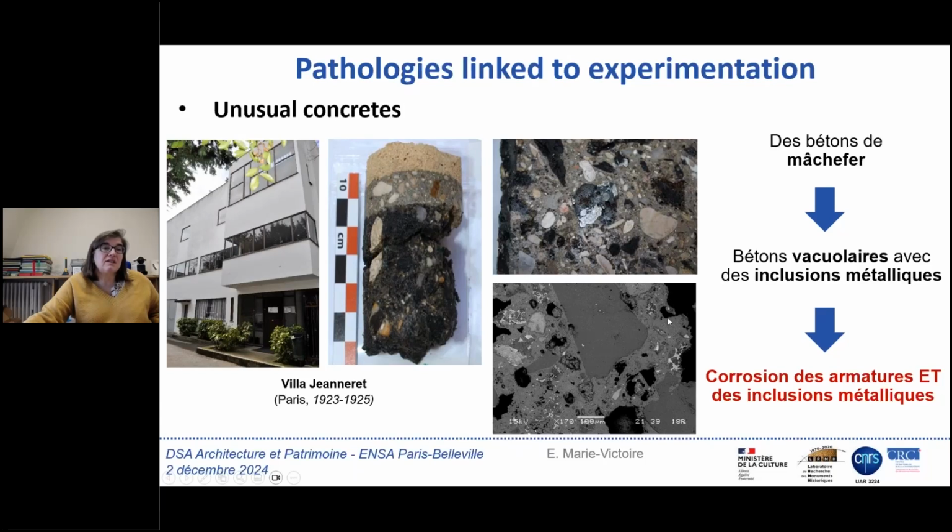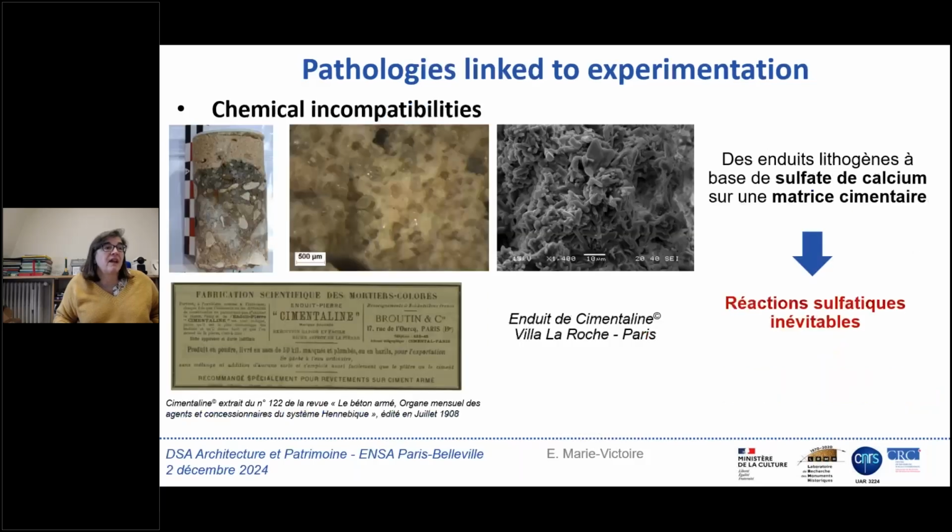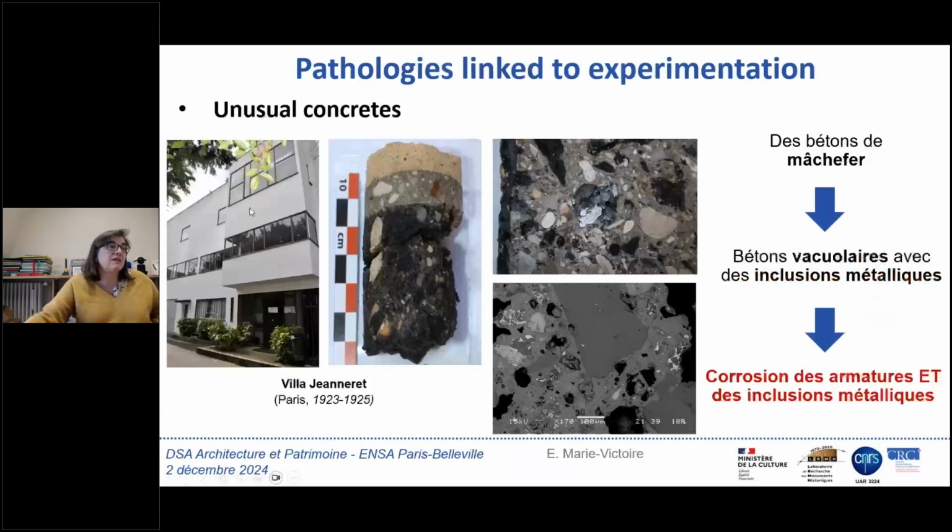And you can see that the result is, all what is dark here is just hollow area, so that it's very porous concrete with, in addition, some spots of pure iron, which can corrode like the rebars. And for this specific building, Le Corbusier used mâche-fer concrete.